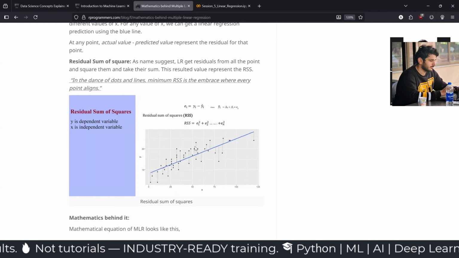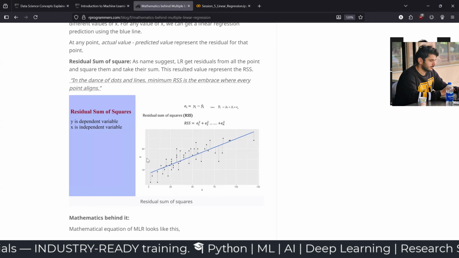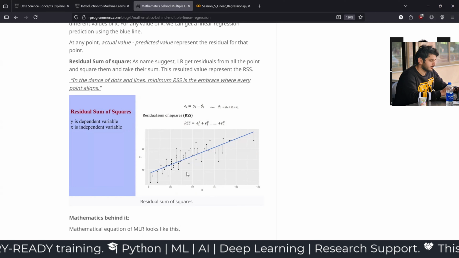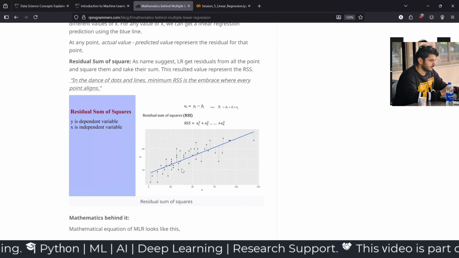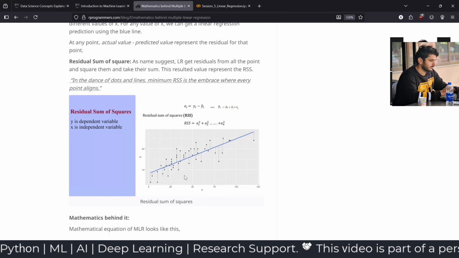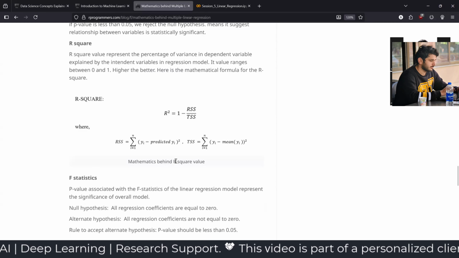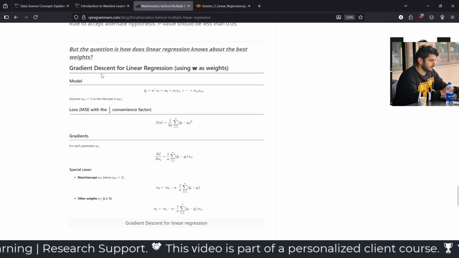This is the simplest example where we have one independent and one dependent variable, but we may have 5 to 10 different variables. It would be a high dimensional figure if we tried to draw it. So how does Python get to this precise line?